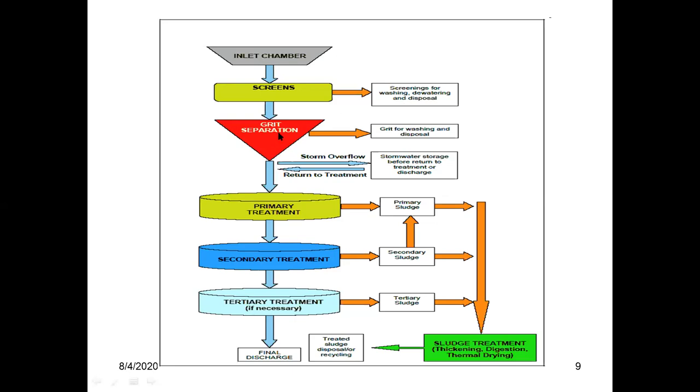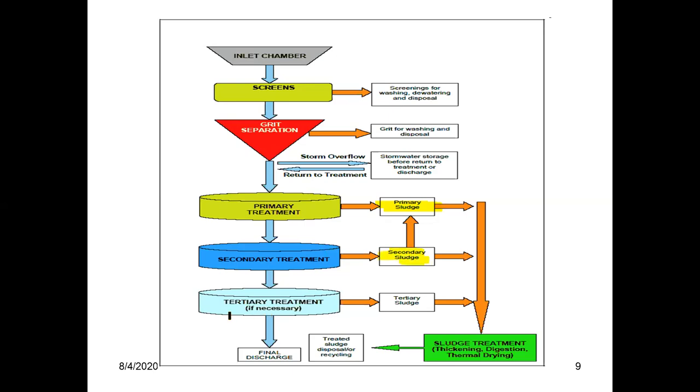Then from the grit chamber, gravel and sand are separated. Then from primary sedimentation, the primary sludge is separated, which is organic suspended solids. Then in secondary treatment, the dissolved solids are consumed by microorganisms. Then biosolids are removed, which is called secondary sludge.